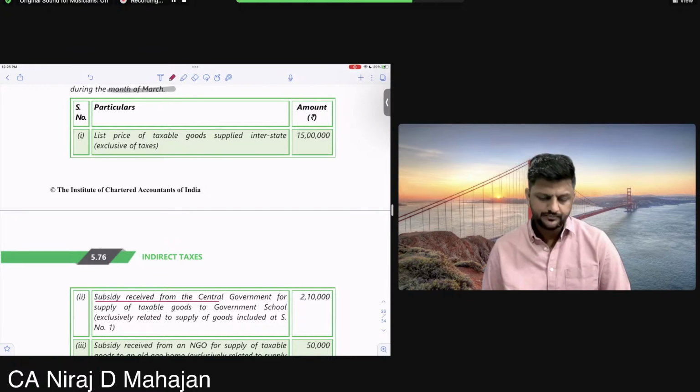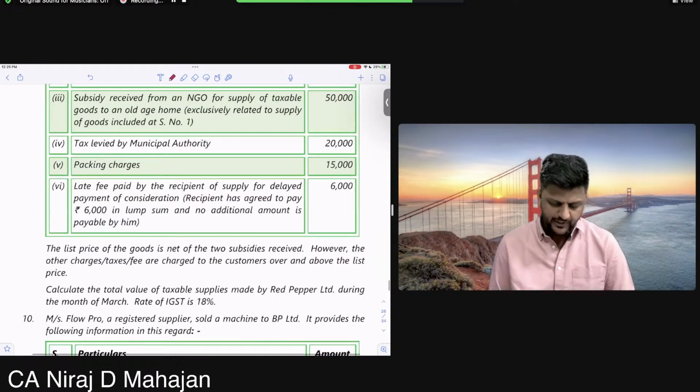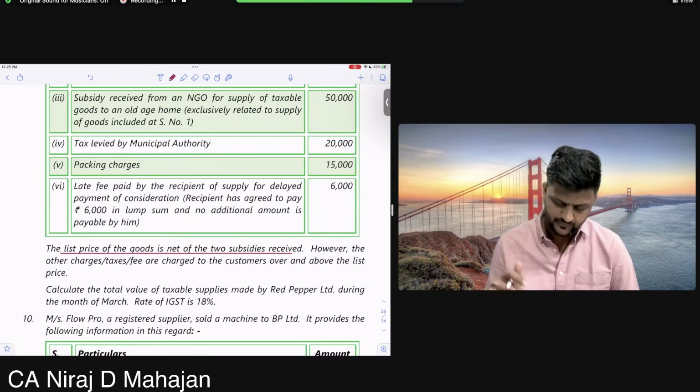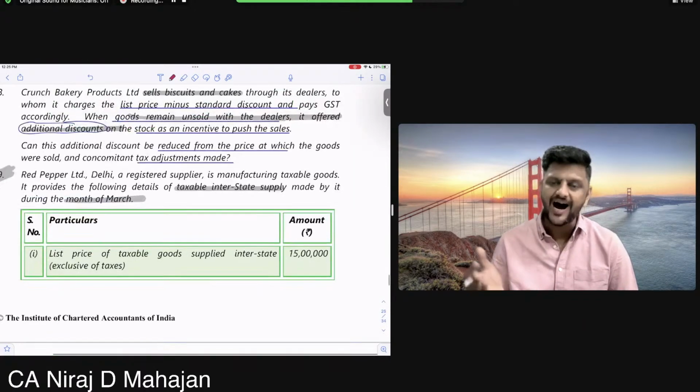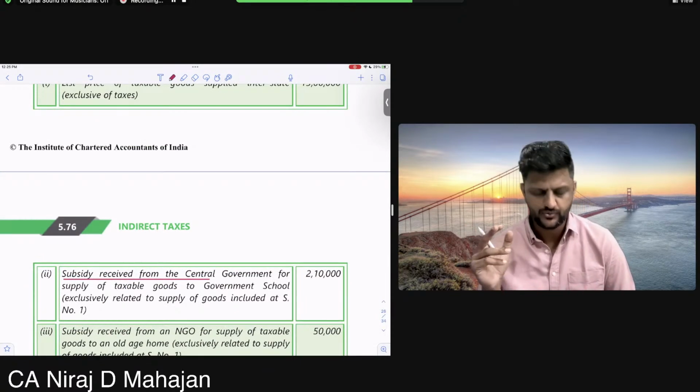Will we reduce? Check. The list price of the goods is net of the subsidies received. So 15 lakhs, after reducing this 2,10,000, no problem.